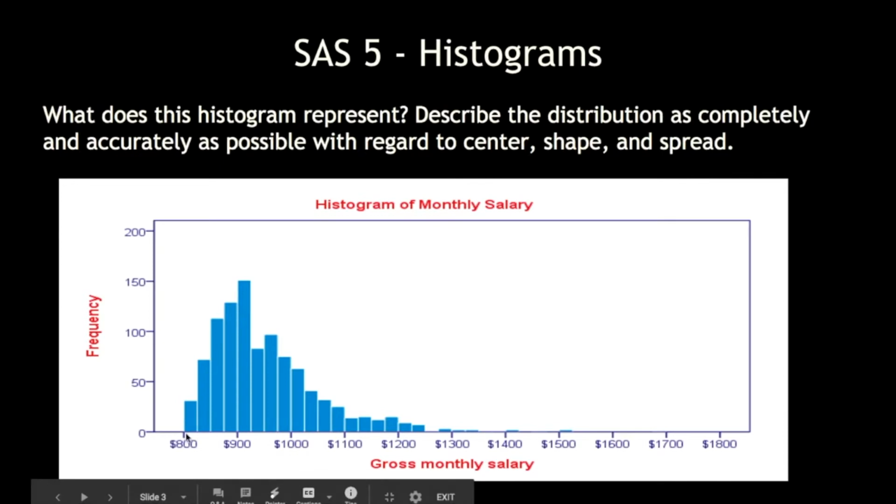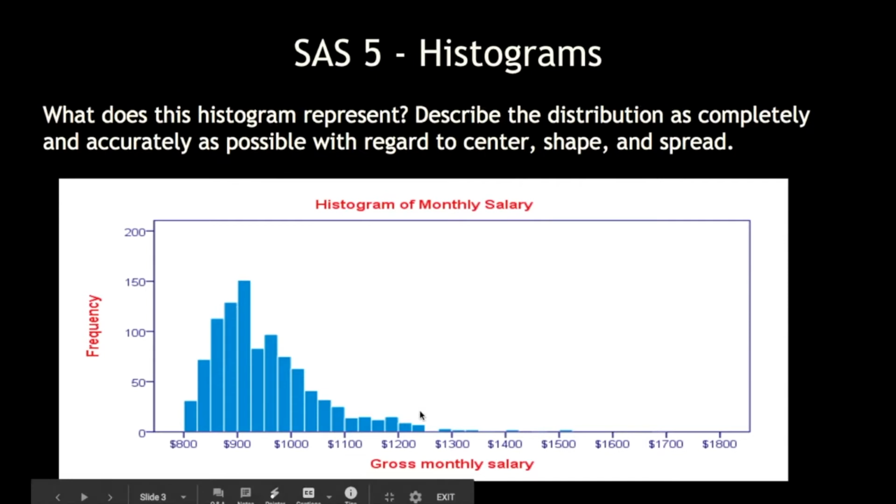Obviously, this side has 5 peaks all together, and this side, if you count them, has probably about 12 or 15 peaks, or little tiny ones too. So it's not symmetrical because the two sides do not look alike. All right, so for shape, we would say it's not symmetrical.